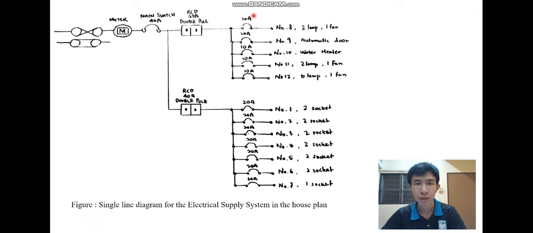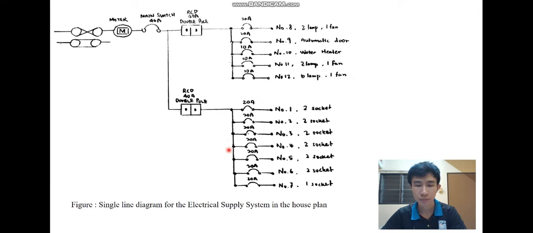So we have the 20 ampere number 8 MCB, 2 lamps, 1 fan; 30 ampere number 9 MCB, the automatic door; 10 ampere number 10 MCB, the water heater; 10 ampere number 11 MCB, 2 lamps, 1 fan; 10 ampere number 12 MCB, lamp and 1 fan.